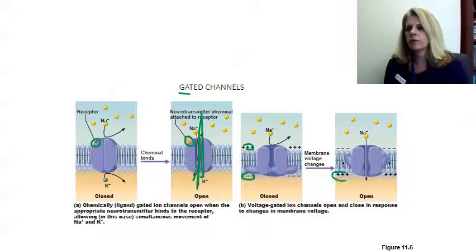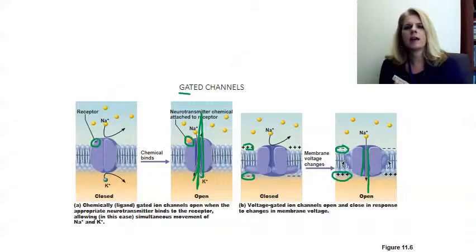So here we've reversed our charges, so now the positive is inside and the negative is outside. That change opens up the channel and allows the ions to flow. So you have ligand-gated and voltage-gated. Now, they are similar to leak channels in that once they are open, the ions do flow down their concentration gradient.